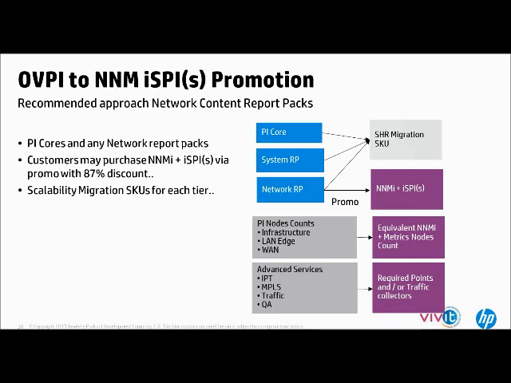today. For our OVPI customers, we are providing a like-to-like migration of the number of nodes that they were managing through Performance Insight for reporting. They would be entitled to a similar number of nodes for SHR. And we will migrate all PI core and report packs to SHR using the migration SKUs.